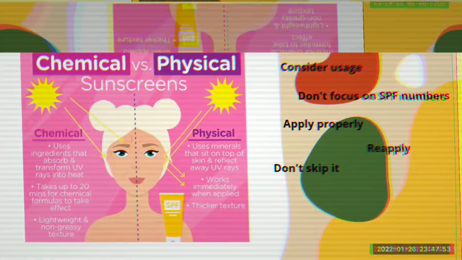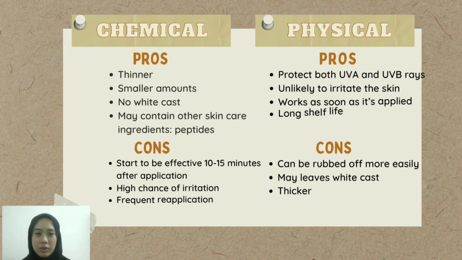And that is it. Okay, since there are two types of sunscreens, chemical and physical, I'll be comparing the pros and cons of both. The pros of chemical sunscreen are that it has a thinner formulation that makes application easier, as it spreads more easily on the skin. Thus, we just need smaller amounts to cover areas of skin.